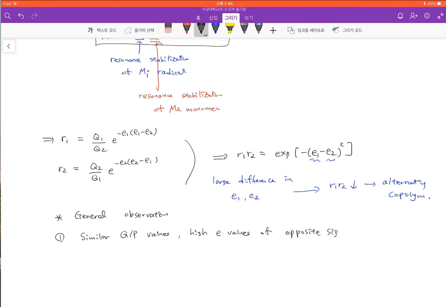Similar Q, P values and high e values of opposite sign give more alternating copolymer.